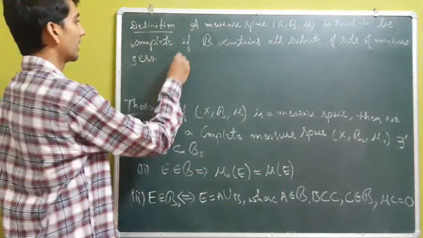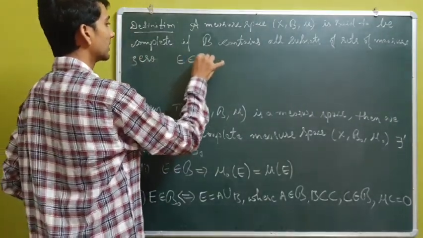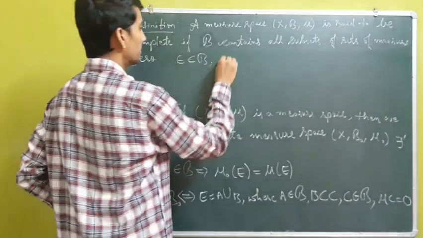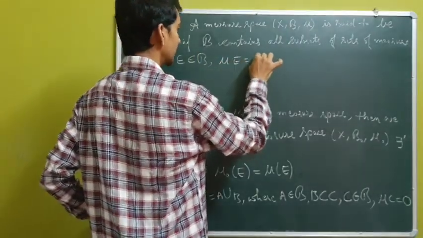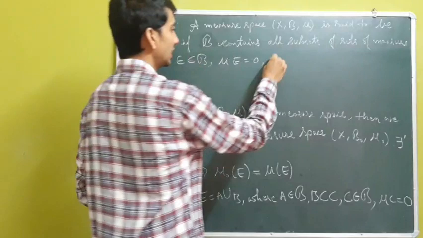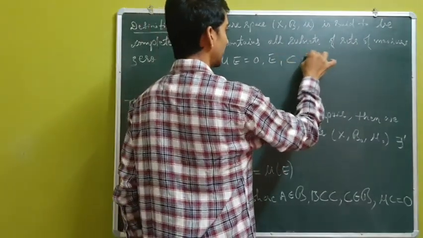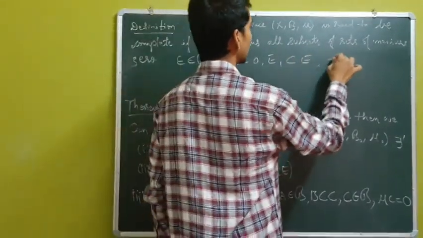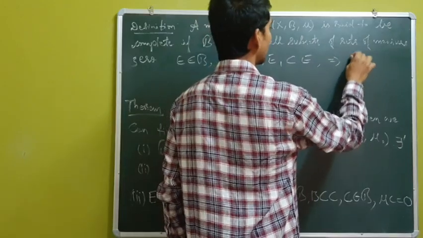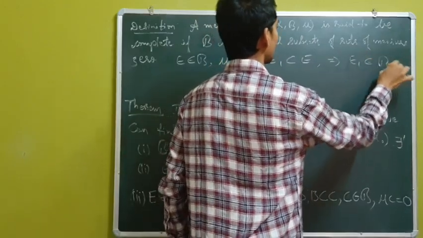That means if I have a set E in the collection and the measure of E is 0, and say E1 is a subset of E, then that implies E1 belongs to B.